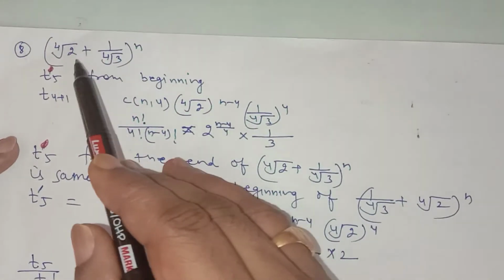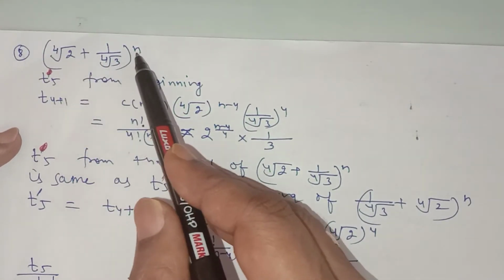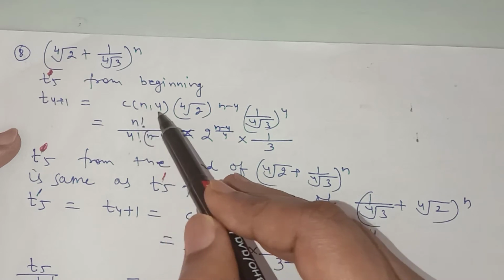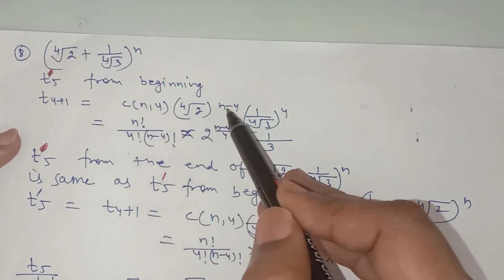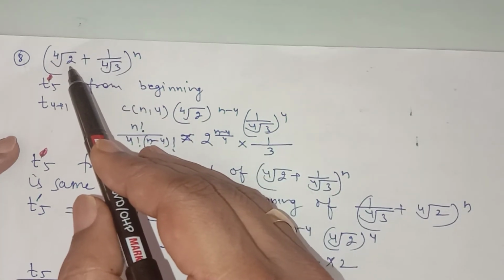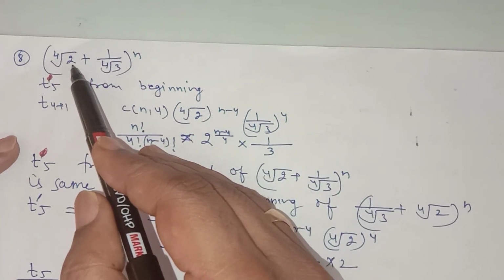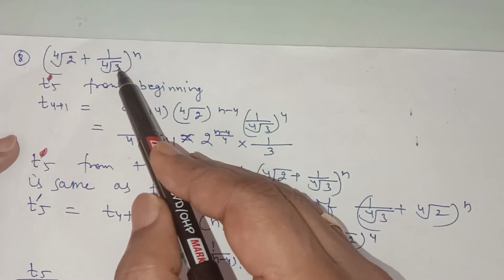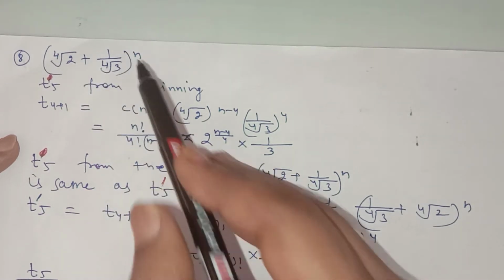So normally, find the fifth term from the beginning. Fifth term means 4 plus 1, so the value of r is 4. The formula is combination of n r, x raised to power n minus r, y raised to power r, where x is 2 raised to power 1 upon 4, the fourth root, and y is 1 upon 3 raised to power 1 upon 4.